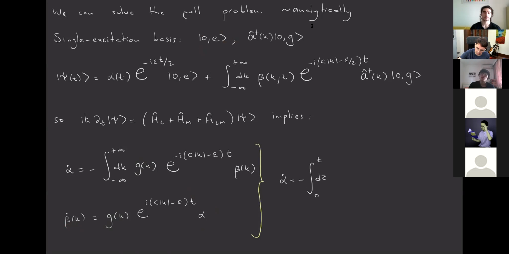It's an integration of alpha. So it's a non-Markovian equation in which the time derivative of alpha depends on the history of alpha, and how far along in the history the derivative depends is given by this expression in here.